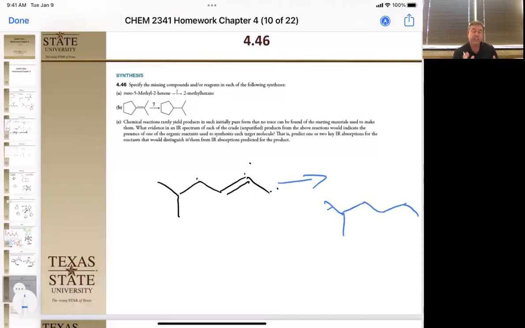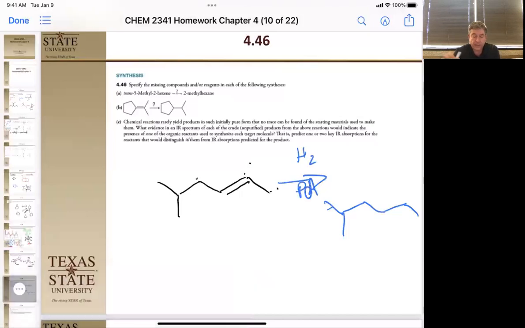So the only thing that's changed here is our double bond has been reduced. We've had hydrogen add across that double bond, which means we're going to do hydrogen with a catalyst, and let's just do palladium. So that's the reagent missing, going from the hexene to the hexane.